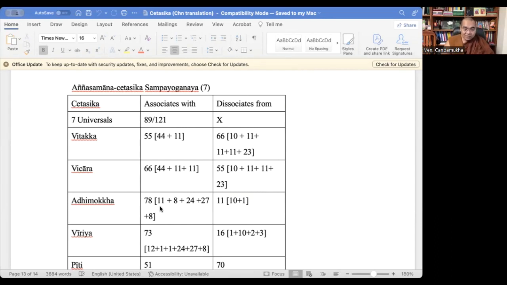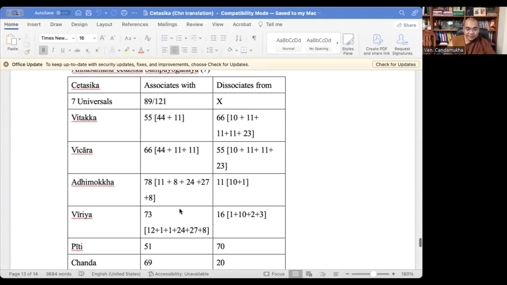So there, Adhimokkha plays a role in nearly all of the consciousness, except Vicikiccha and Dvi-pancavinnana. So that is 78 associate, 11 dissociate. That is one Sampayoganaya in the Adhimokkha Cetasika.